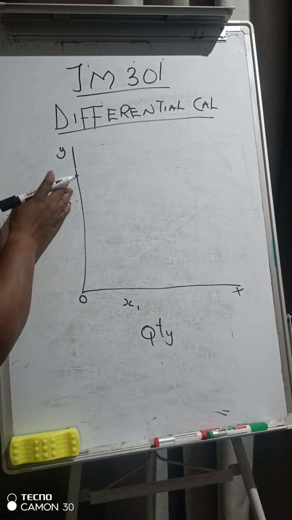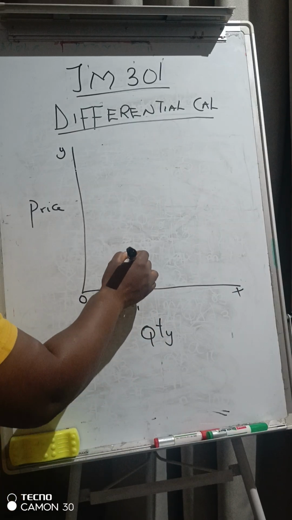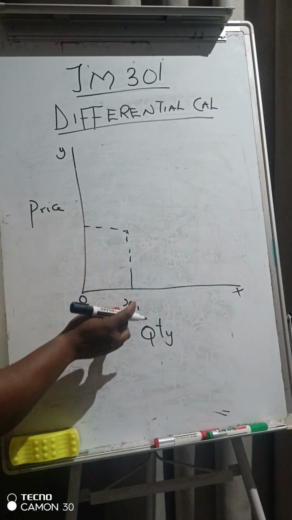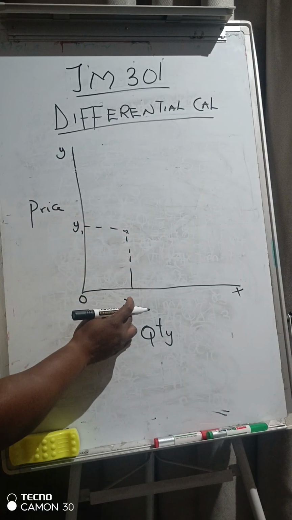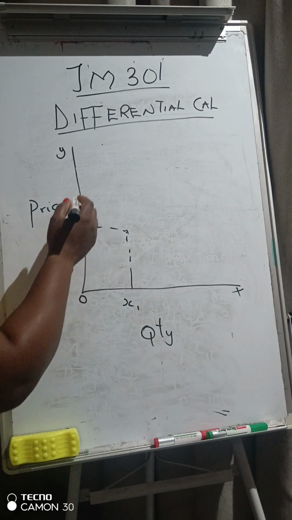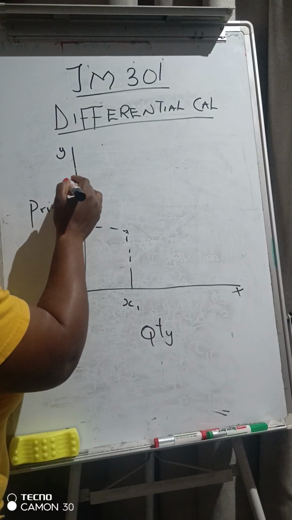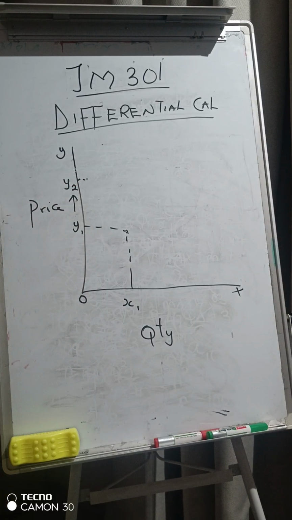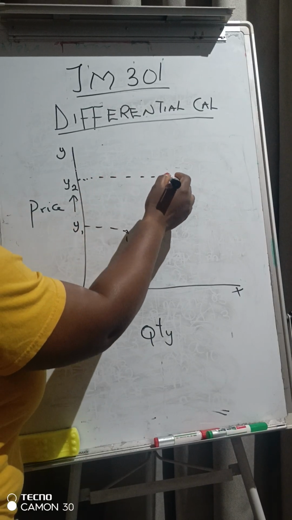If at the initial price, let's say y1, you were able to buy a quantity, and there is now a change in price, which is an upward shift, let's look at what will happen here.